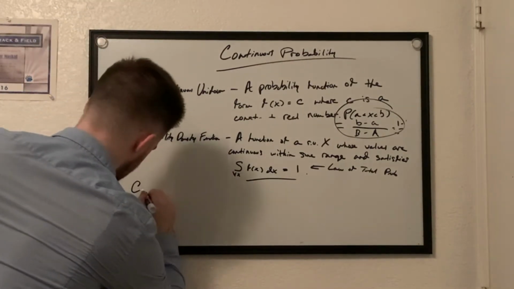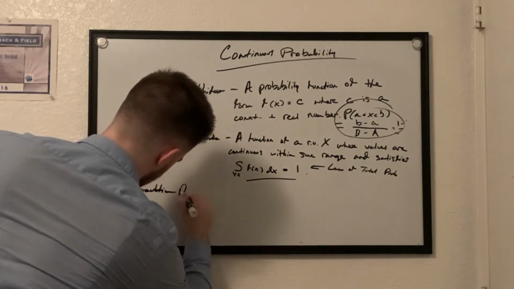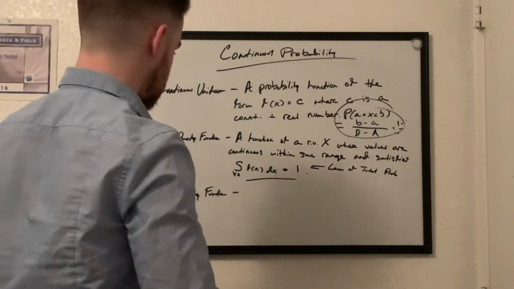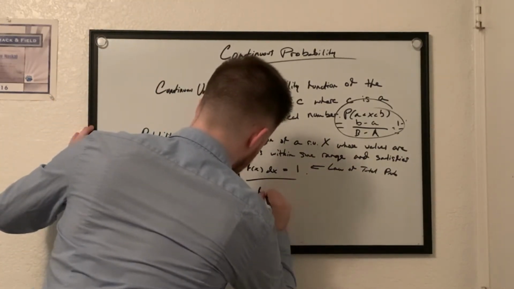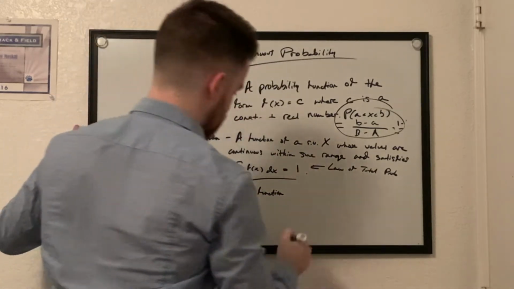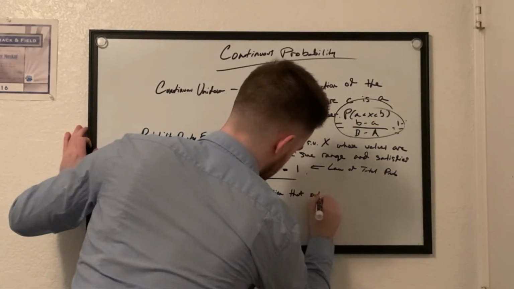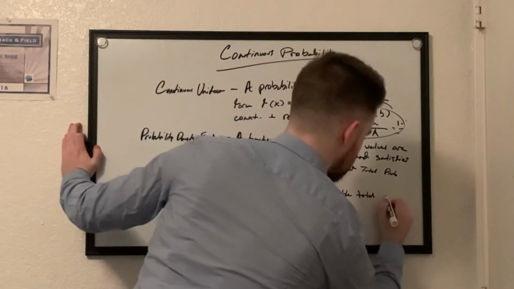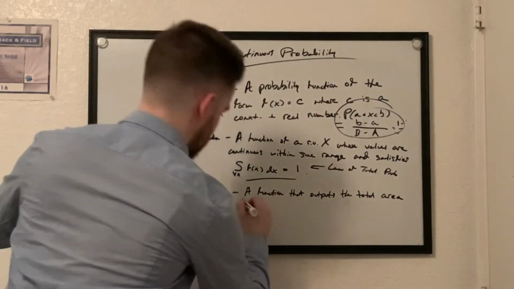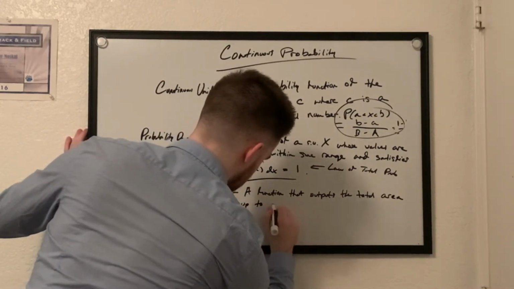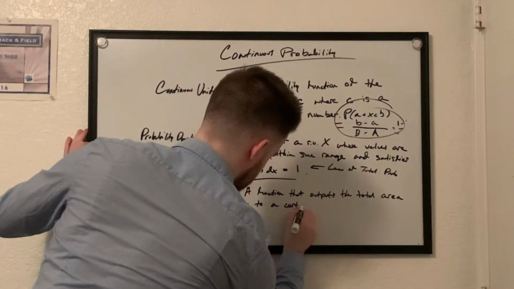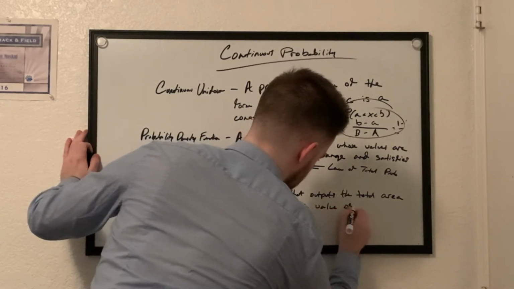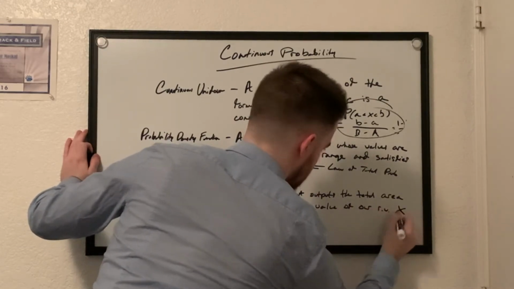So, cumulative density function. The cumulative density function is simply a function that outputs the total area up to a certain value of our random variable x.